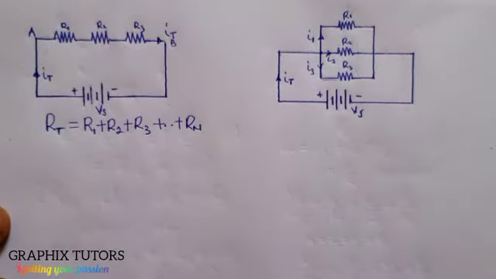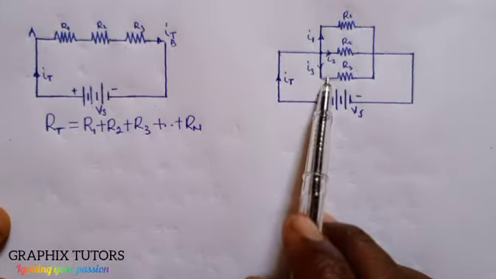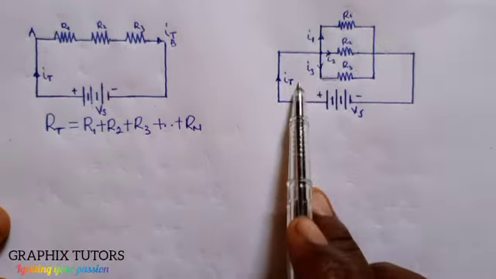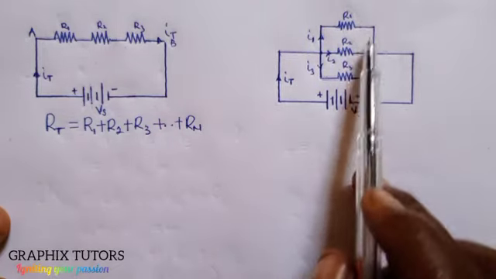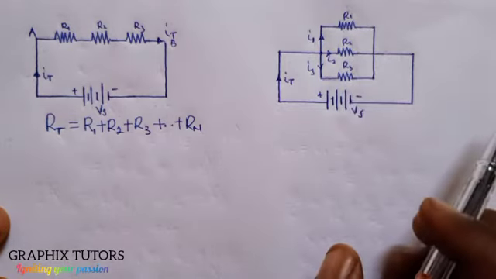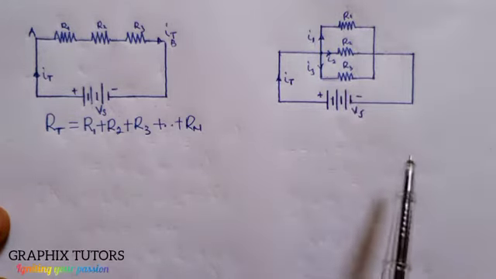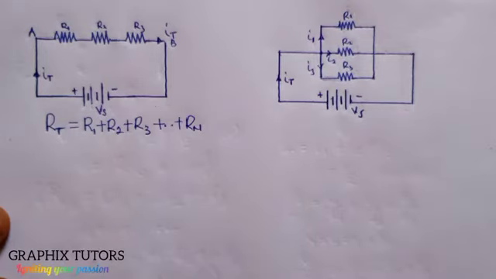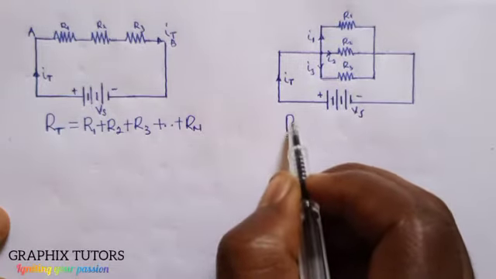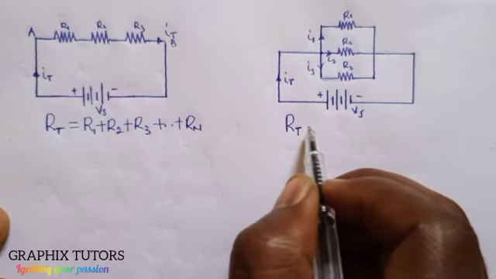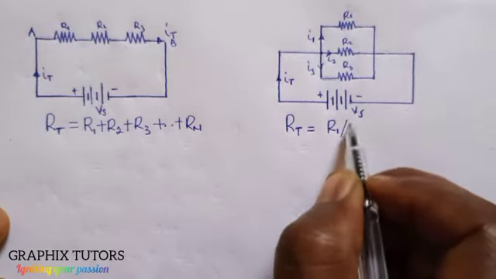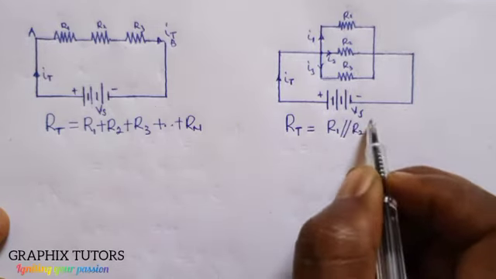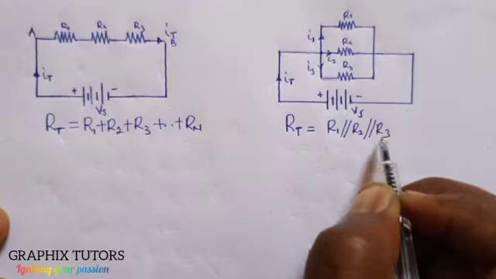So different currents, I1, I2, and I3, are flowing through different resistors, R1, R2, and R3. In this case, you see each of those resistors is in parallel. So we can easily say that my R total is equal to R1 parallel to R2 parallel to R3. This is how I write them.